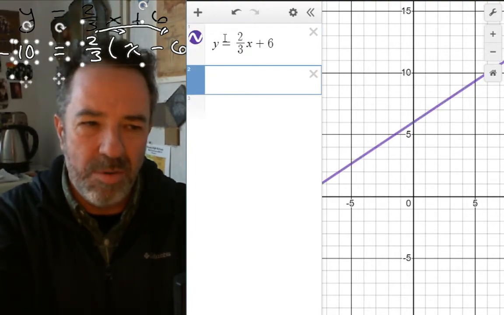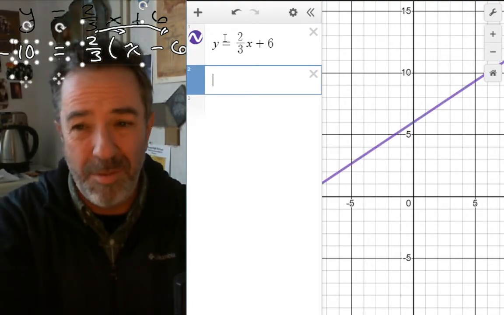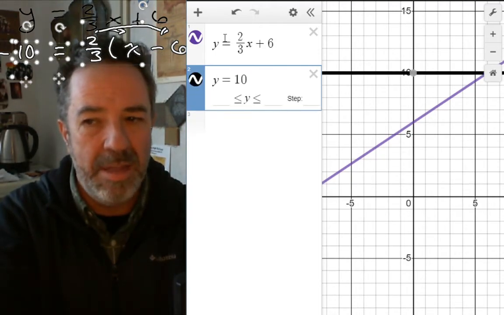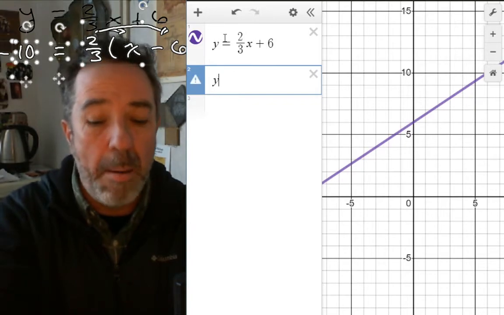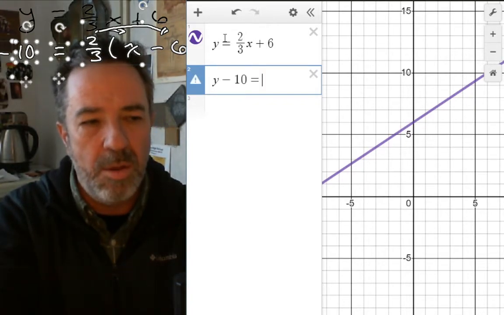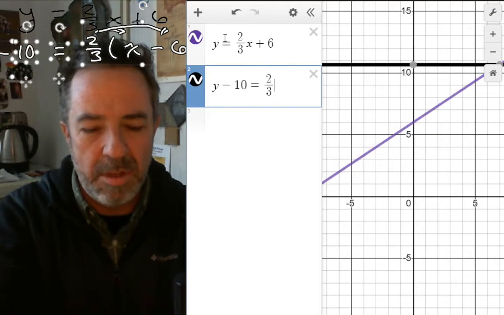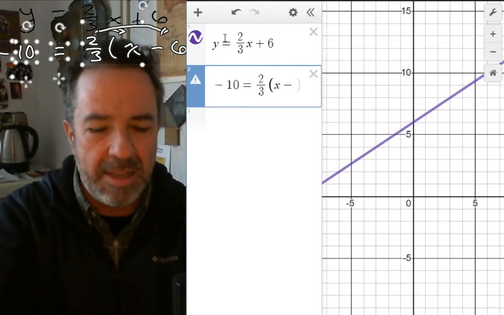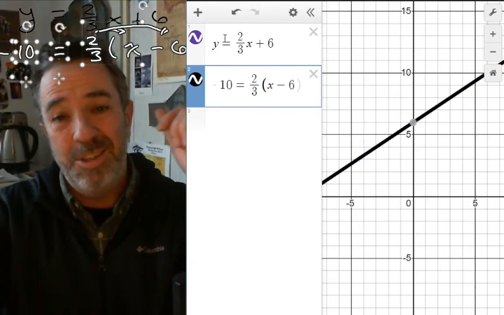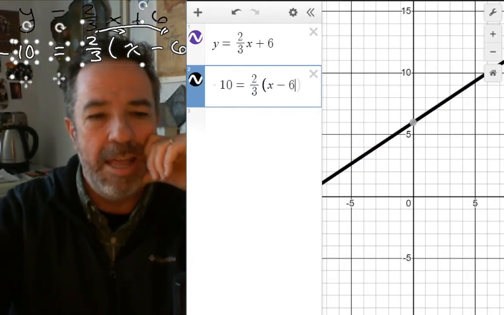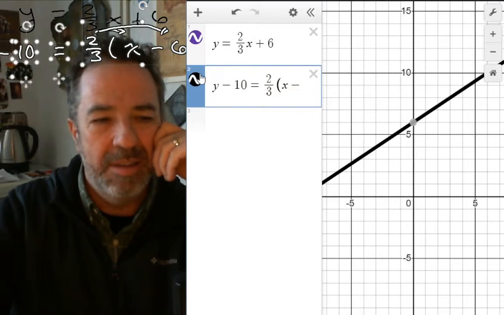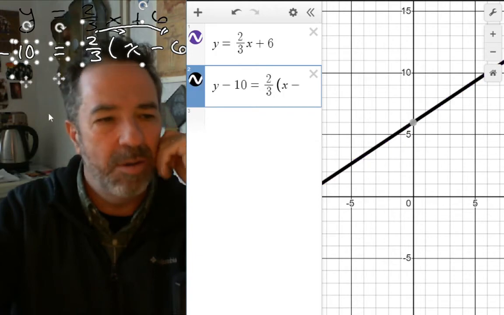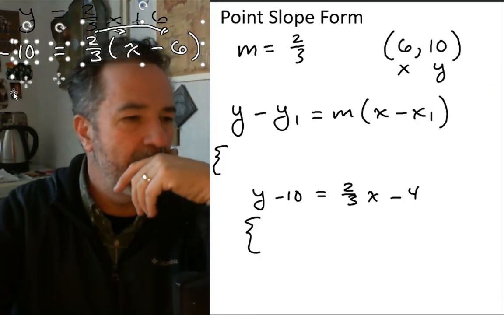But the one that I just wrote down, and I didn't solve for b, was y minus the y value that I know, y minus 10 equals 2/3 times the quantity of x minus the x value that I know. And you can see, sure enough, as soon as I do that, I end up getting the same line twice. It's right there, purple, and then the other one is black. So those two lines are exactly the same.